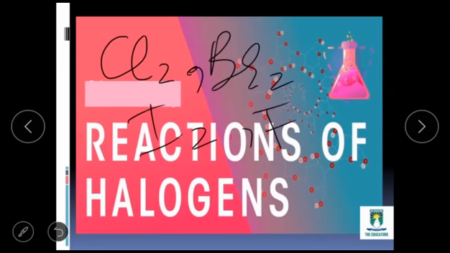Keep in mind that halogens mostly exist as diatomic forms. These are the group 17 elements, and the examples are chlorine, bromine, iodine and fluorine.